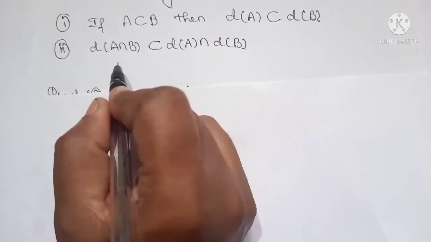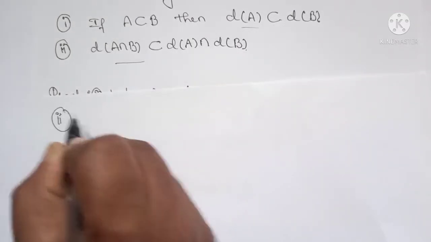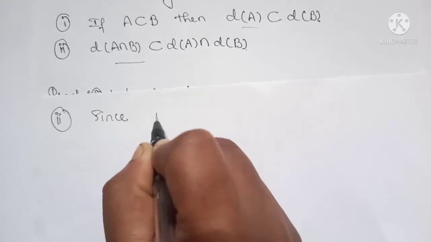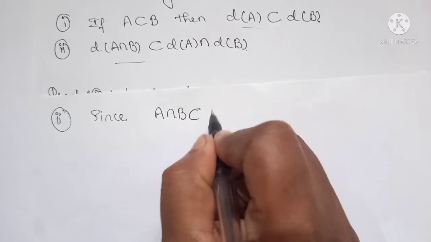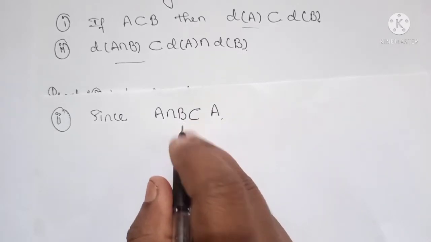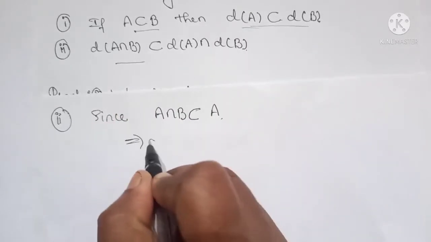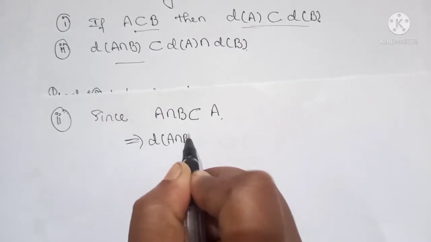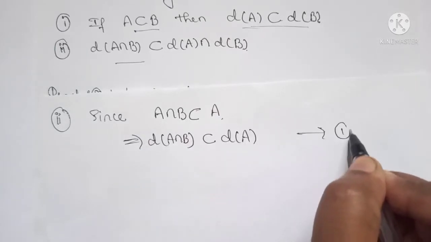Now we prove the second condition by using the first one. Since we know that A intersection B is a subset of A, by applying this property we can say that the derived set of A intersection B is a subset of the derived set of A. Consider this as equation 1.